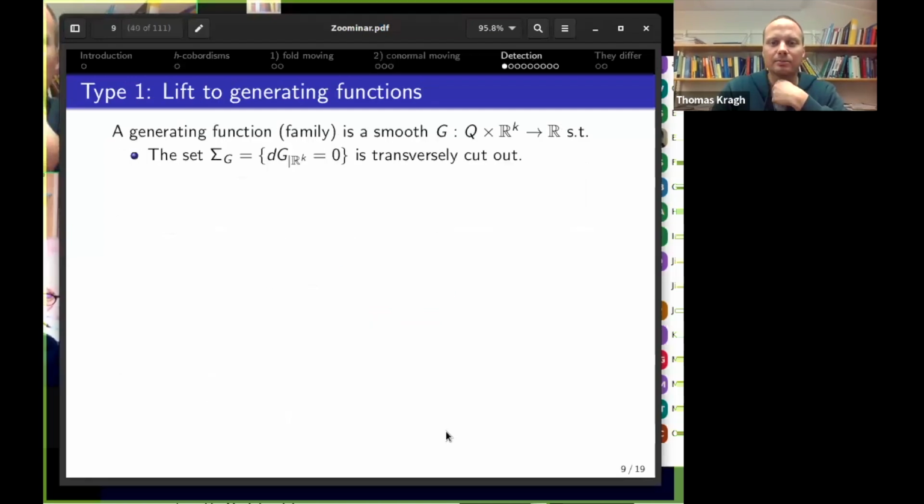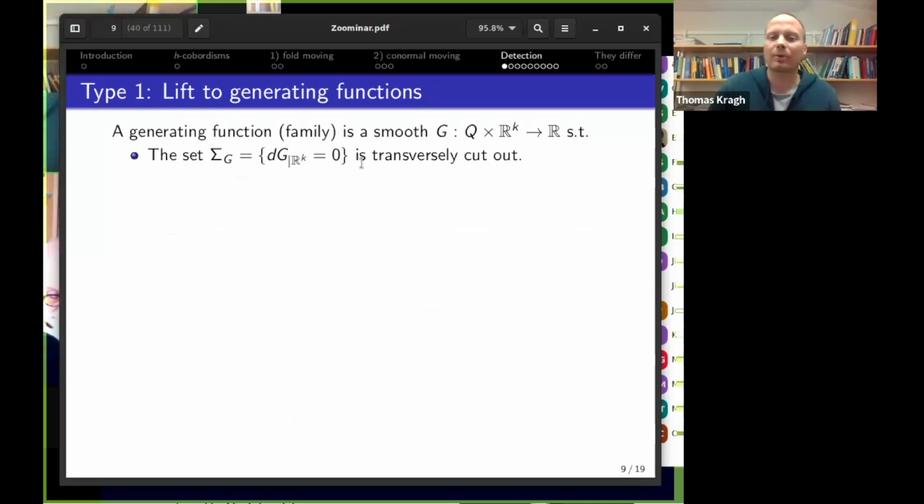So how to detect them? Well, as I said, this first type of family we want to detect using generating functions. Let me start by defining a generating function, as it's sometimes not something everybody sees.